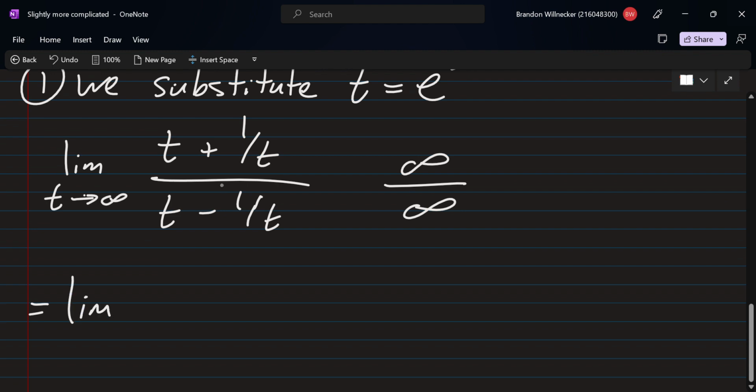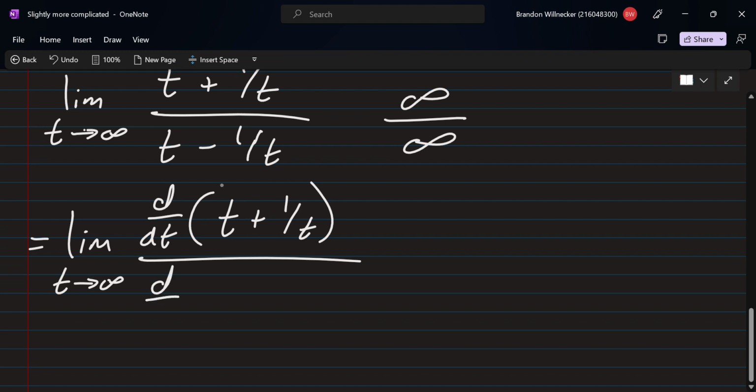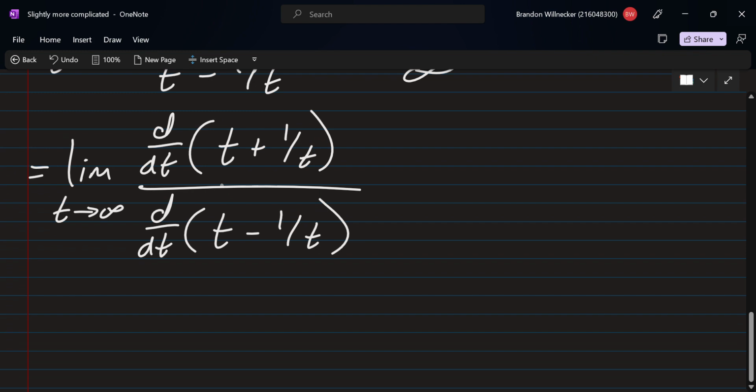This will be the limit as t goes to infinity of d by dt of t plus 1 over t, and then d by dt of t minus 1 over t. Now we can use L'Hopital's rule. Let's take the derivative and see what we get.